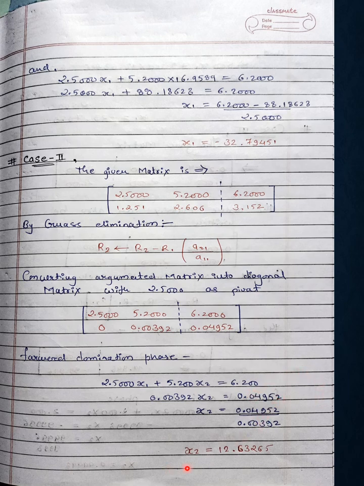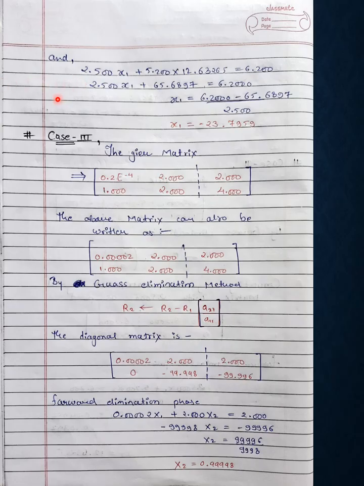It will give x2, and the x2 is 12.63265, and for x1, 2.500x1 plus 5.200 into 12.63265 equals 6.200. It will give x1, and x1 is minus 23.795.